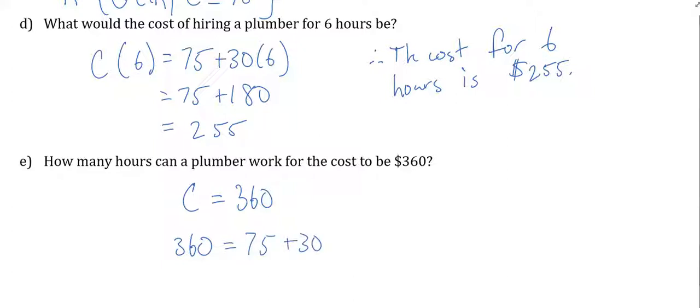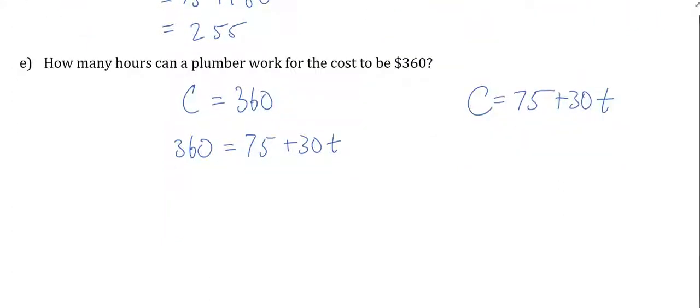And if you haven't noticed, this is a really common thing, that with an equation C equals 75 plus 30t, I can sub in for t and solve for c. I can sub in for c and solve for t. You can do both. Okay, so I'm going to subtract 75 from both sides. 360 minus 75 is 285.